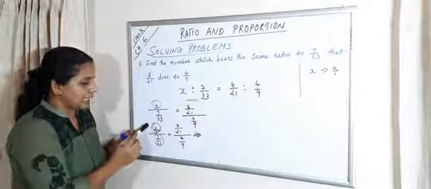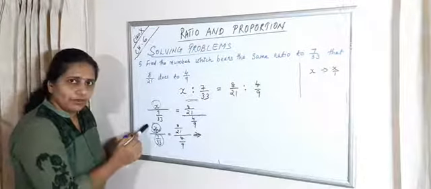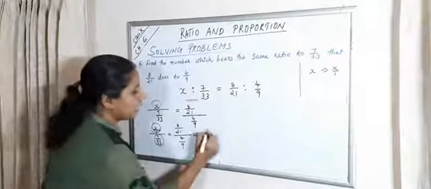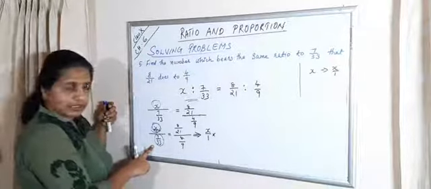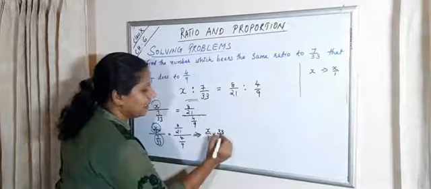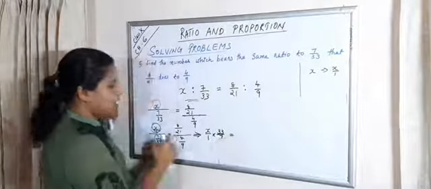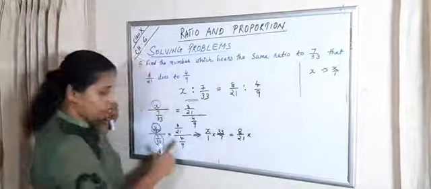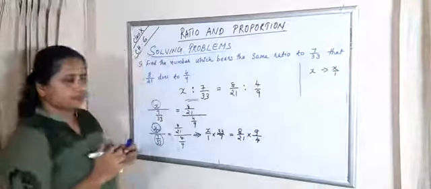So x by 1 into the reciprocal of 7 by 33, which is 33 by 7, equal to 8 by 21 into the reciprocal of 4 by 9, which is 9 by 4.